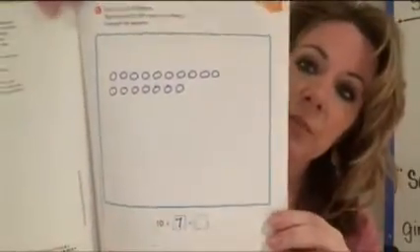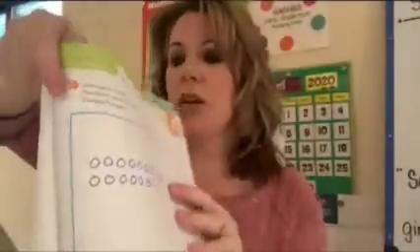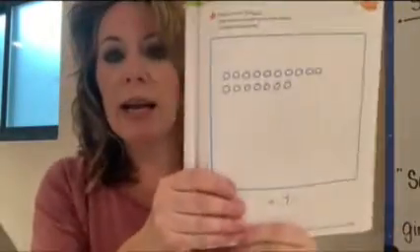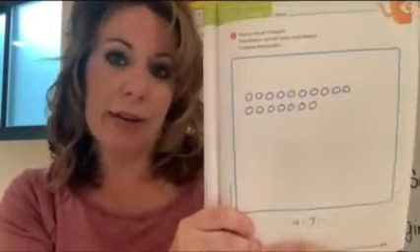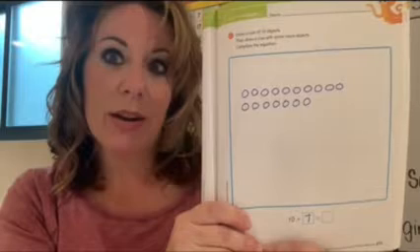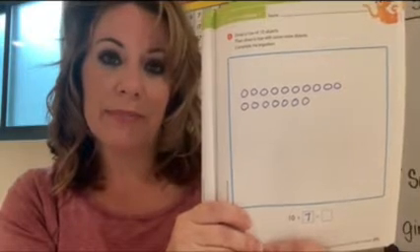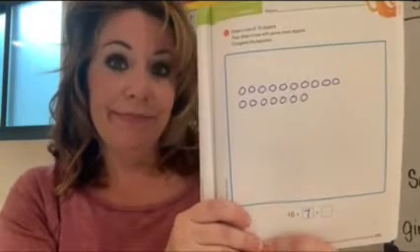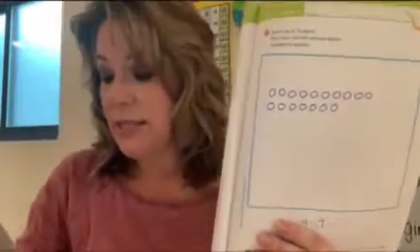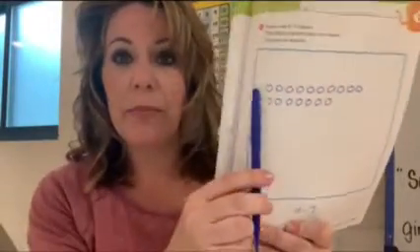So 10 plus 7, well, how can I find out what 10 plus 7 is? There are a couple different ways, boys and girls. What's one way that I can figure it out? Go ahead and shout it out really loud so I can hear you. I can count every single object, right?